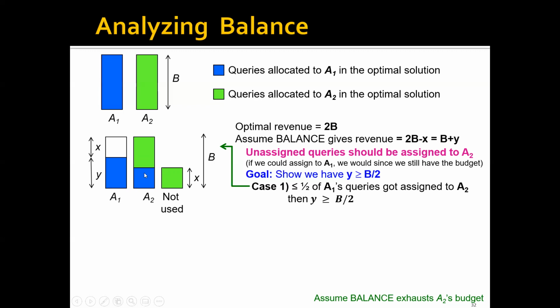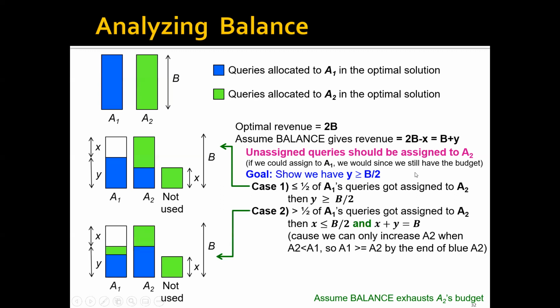Now, this basically says that this part is smaller than B over 2, meaning that this Y is already larger than B over 2, right? And this is obviously we already achieved our goal of proving that Y is larger than or equal to B over 2. And in the second case, it would be more complicated.